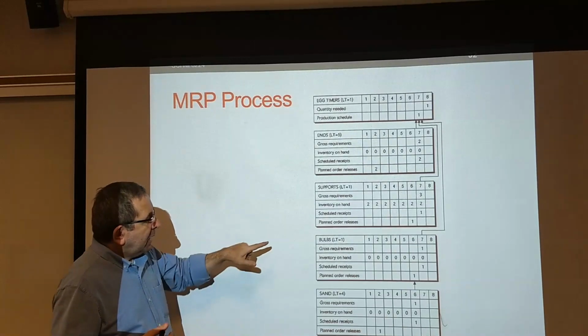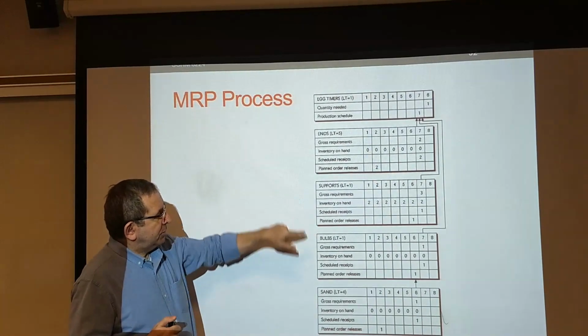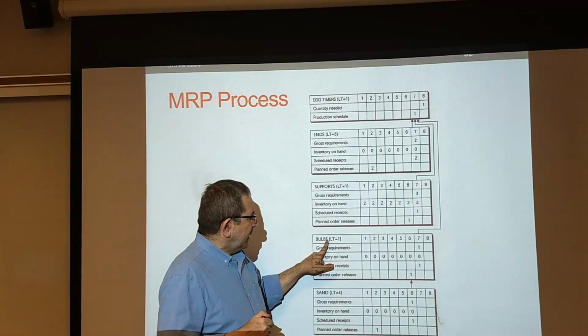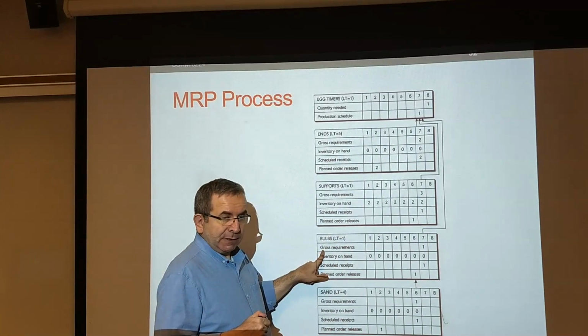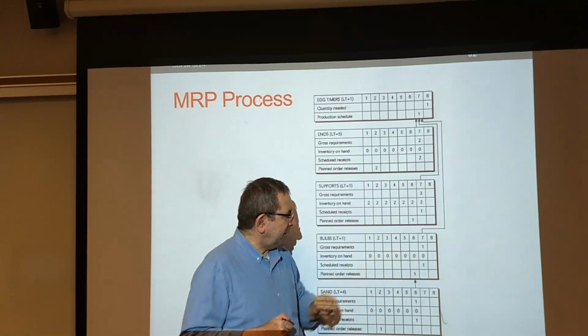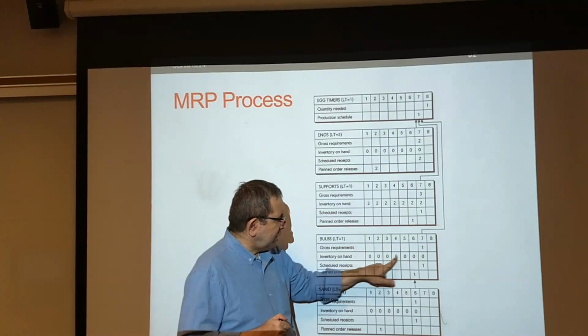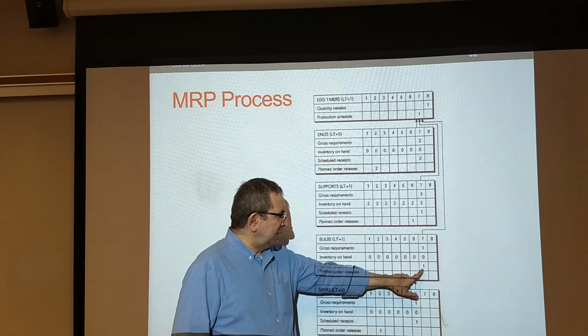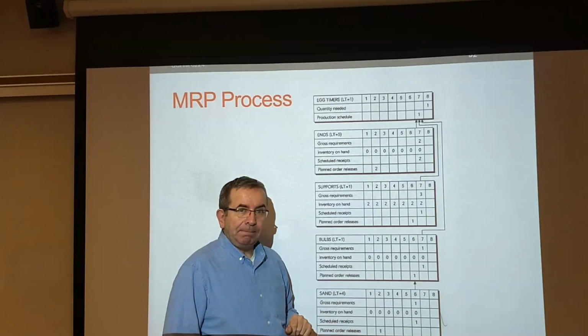Going on, for each egg timer, I need 1 bulb, okay, in period 7. I have 0 in inventory, so I need 1 bulb delivered in period 7.